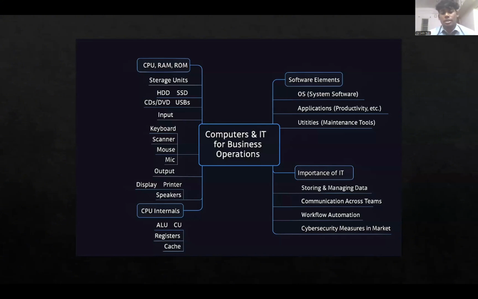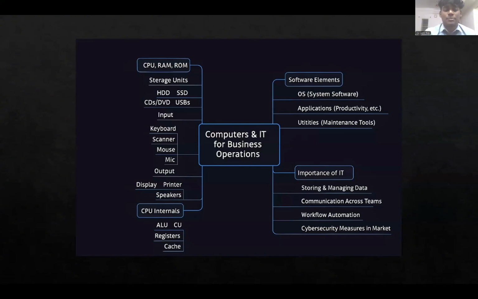Information technology supports communication across teams through email, video calls, and collaboration tools such as Meet, etc. And it enables workflow automation, saving time and increasing accuracy. And it ensures cybersecurity measures by protecting the information of the business from threats.